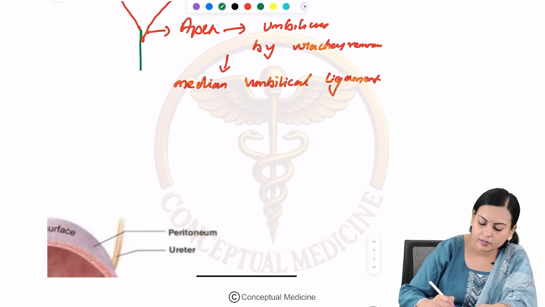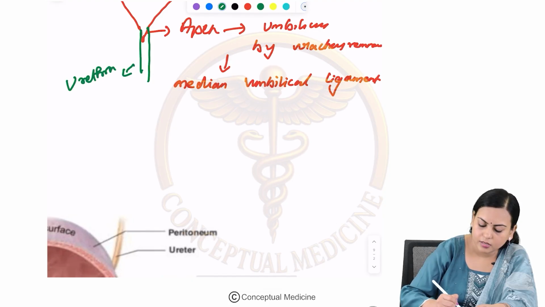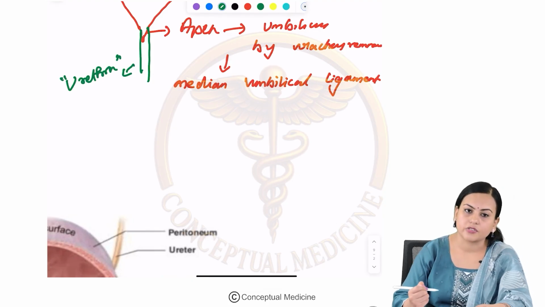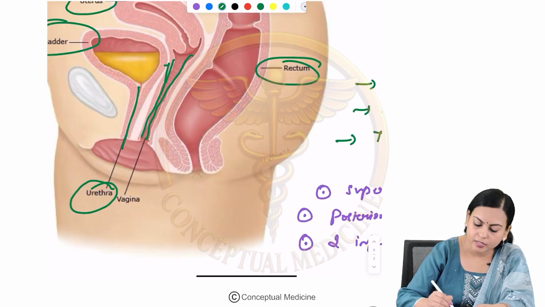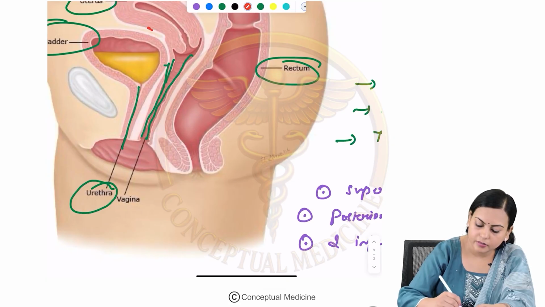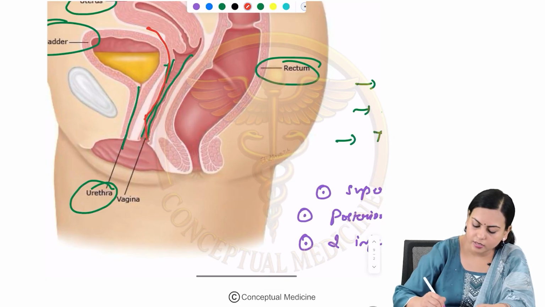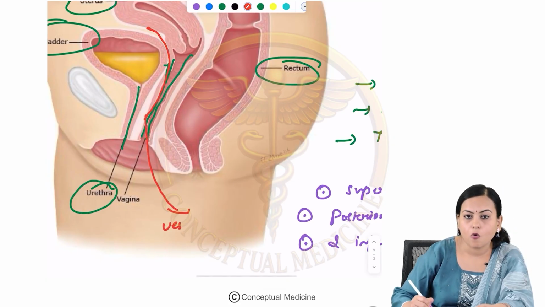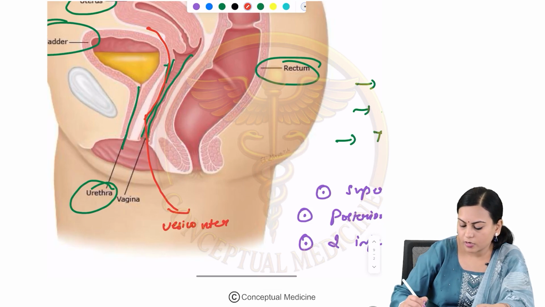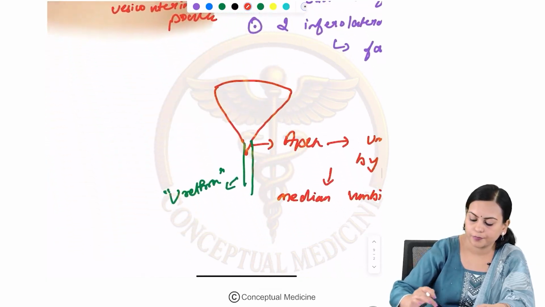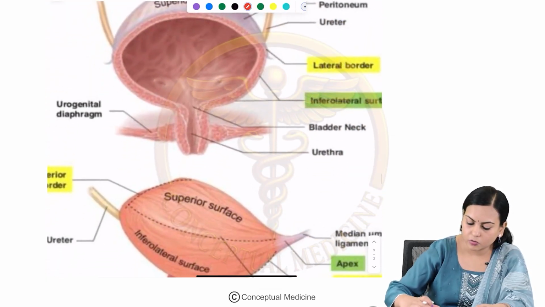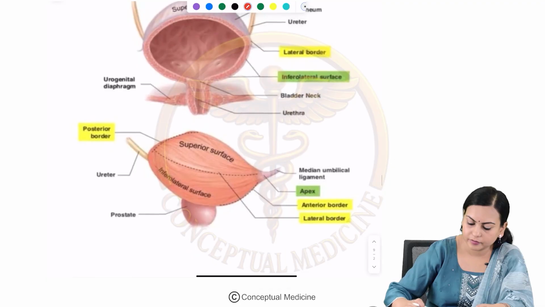From here, the urethra emerges. There is a depression between the ureter and the bladder. So, this region is known as vesico-uterine pouch. So, this is the structure of the bladder.